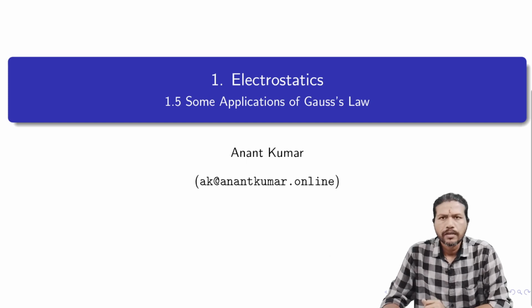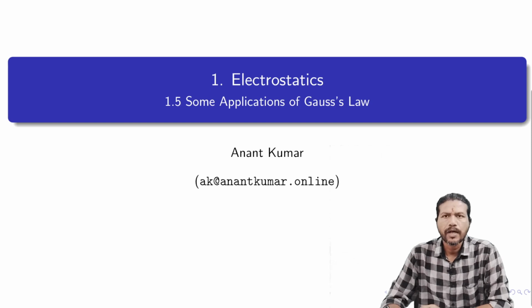First of all, I said already that Gauss law is always true, always correct. However, it's not always useful actually. If we want to apply Gauss law in order to obtain the electric field for some charge configurations, then the charge distribution should have certain degrees of symmetry.